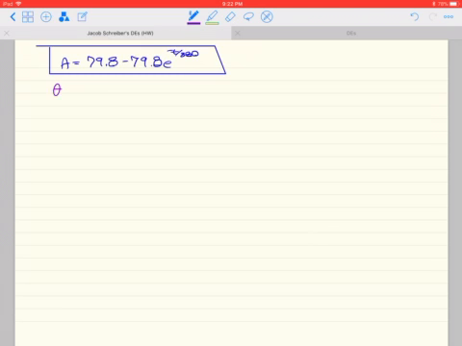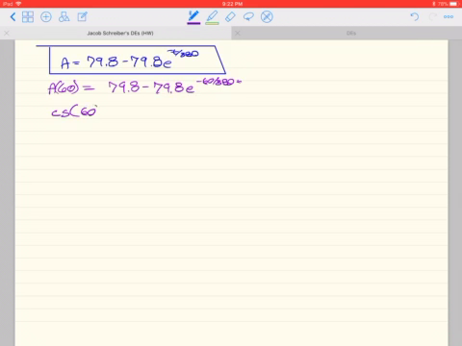So we have that A of 60 equals 79.8 subtracted by 79.8 e to the negative 60 over 380. And then there you have it. We could simplify this a little bit further, but that's not really necessary. This could be 3 over 19ths. But to keep this nice and simple, we're going to rewrite this for the concentration.